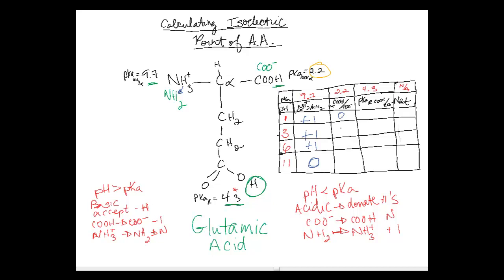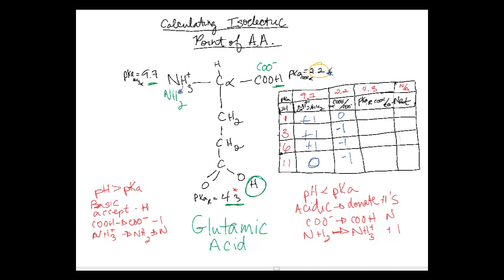But at 3, I have now surpassed the pKa of this guy, which is what, 2.2, right? So because I've surpassed that pKa, what that means is I now have a basic environment and my hydrogen's been removed and I have a COO minus. And that's going to occur for the remainder of the pHs.